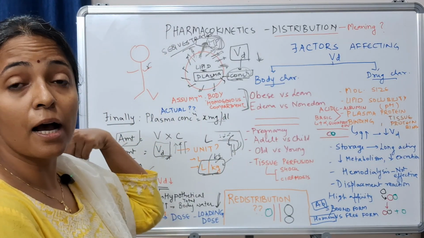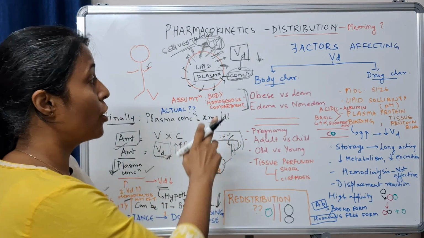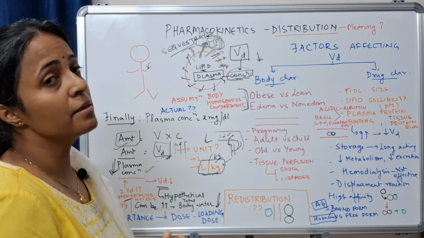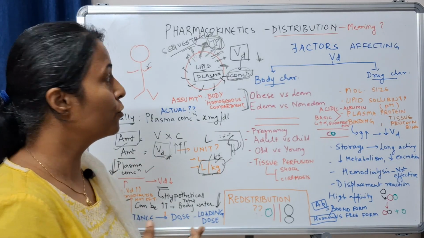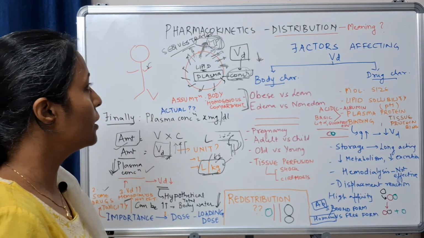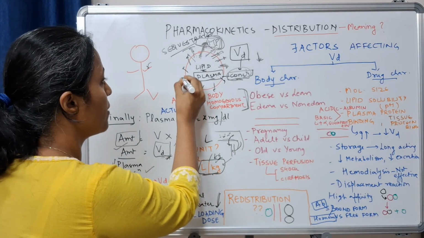Remember that this is a hypothetical concept because we are assuming that the body is a homogeneous, single compartment. There is a multi-compartment model also, like Goodman and Gilman has talked about a multi-compartment model, where it has talked that there may be some tissues in which the drug goes much faster.